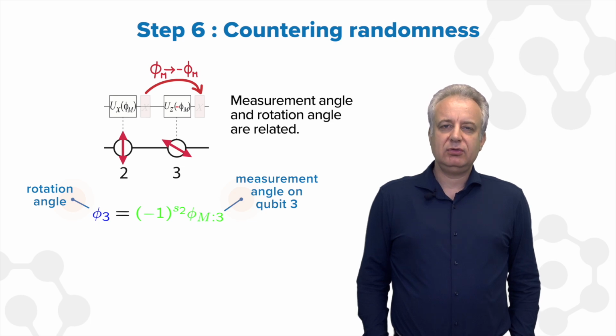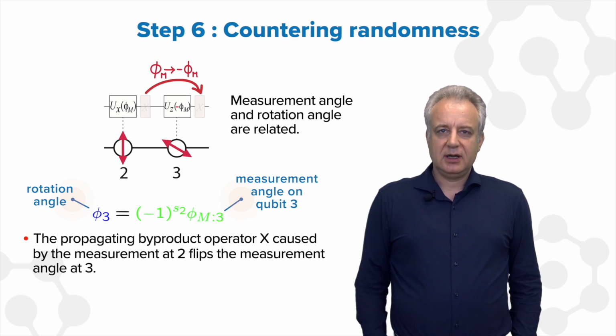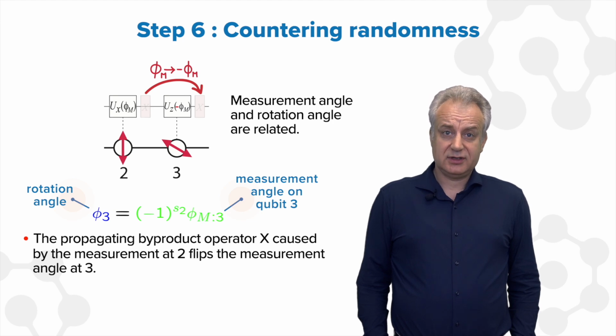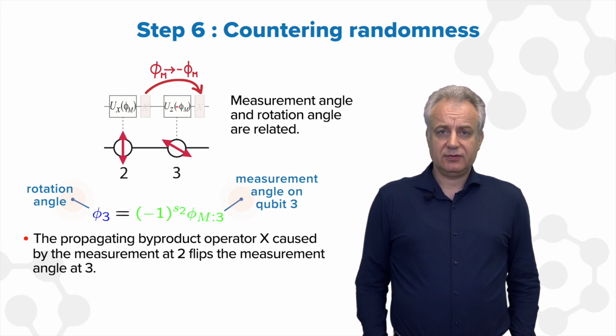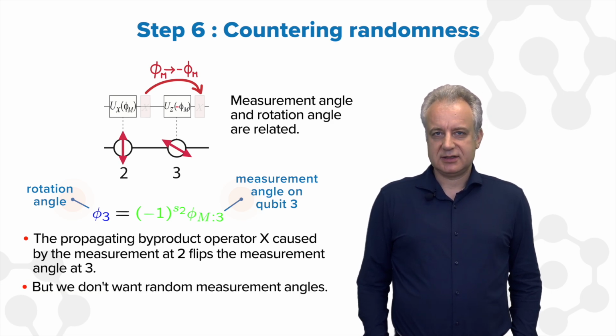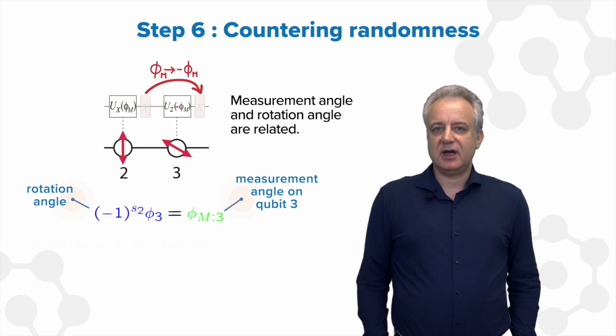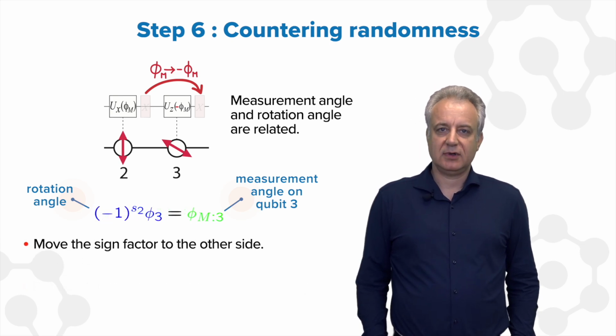Okay, so if you read this relation in this way, it looks like the outcome of the measurement at site 2 determines the rotation angle. But that's of course not how we want it. We don't want the rotation angle implemented on site number 3 to be random. So what we do now is move the sign factor to the other side of this equation.